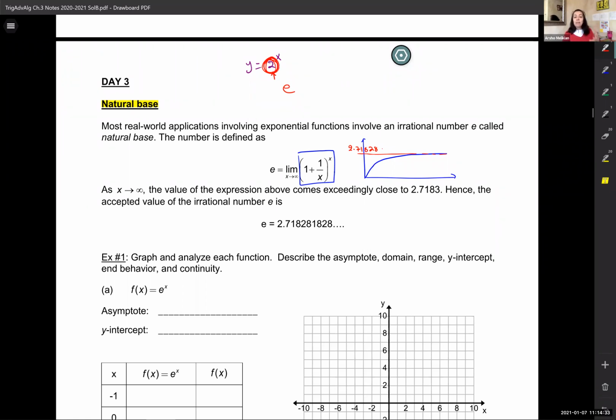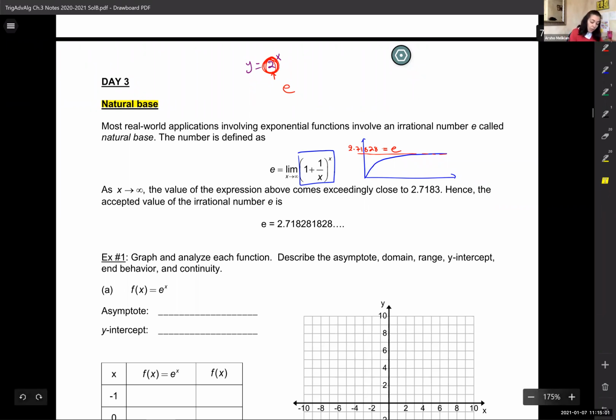Because this is something that occurs so frequently in so many applications, it's given its own symbol, which is an E. So just like 3.14159, that number happens so often that we gave it a special name, pi. This is another one, E. So why E?